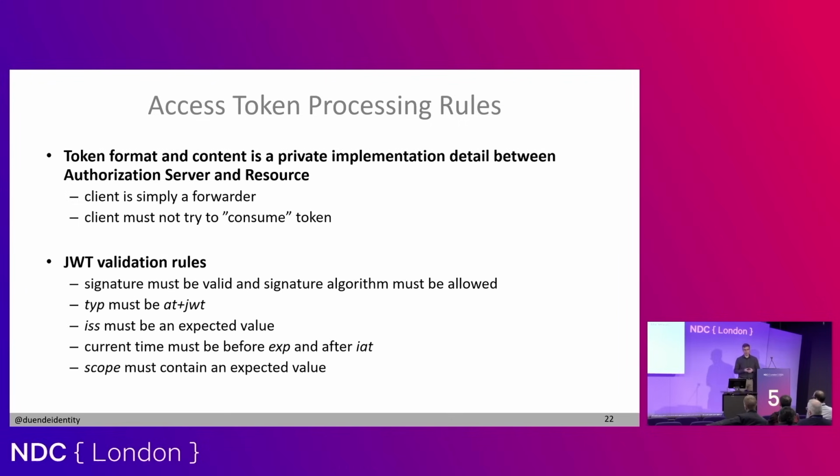On the API side, on the other hand, I of course need to consume it and validate it, and there are some processing rules for a JSON Web Token. The signature must be valid, and the signature algorithm must be allowed. The type must be AT plus JWT. The issuer must be an expected value, so you should only trust tokens that were issued from the token service you expect.